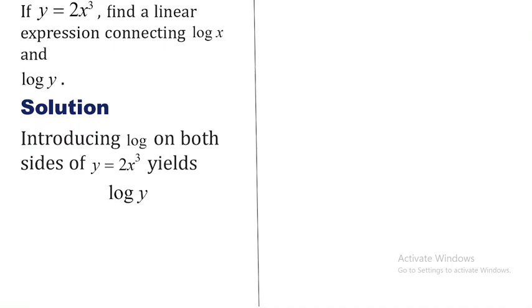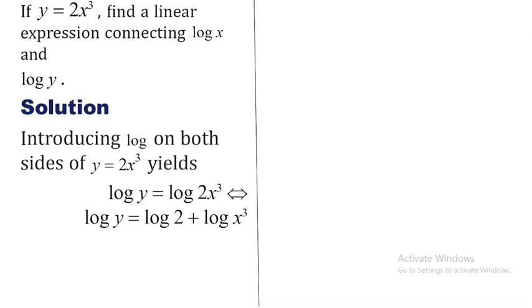So log of y will be equal to log of 2x plus 3, and we get log of y equal to log of 2 plus log of x plus 3, where as you see here, we use the first logarithm rule, where we take 2 as x and x plus 3 as y. We take log of 2 and log of x plus 3.